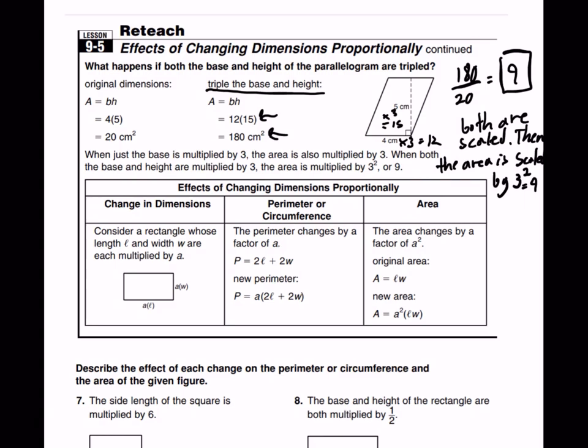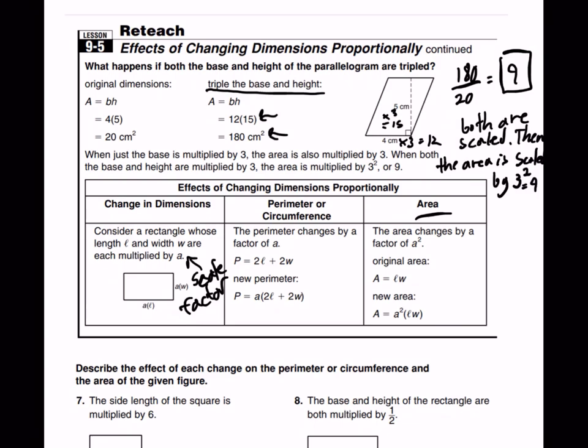Okay, so it says effects of changing dimensions proportionally. So we have area, which we looked at here, and then there's also this column, perimeter or circumference. If we have a rectangle with length L and width W, both being multiplied by A, A is the scale factor. Sorry, I'm writing this a little messy.